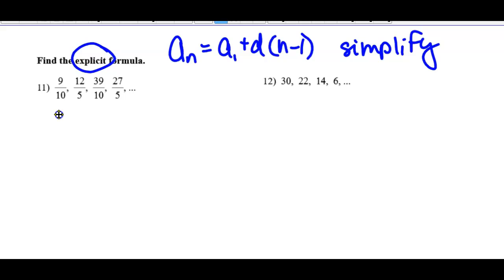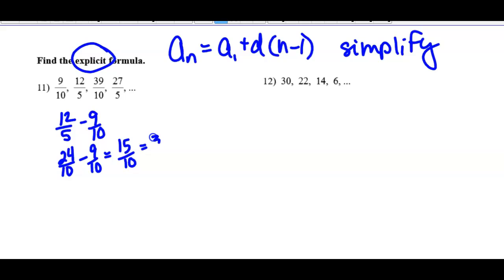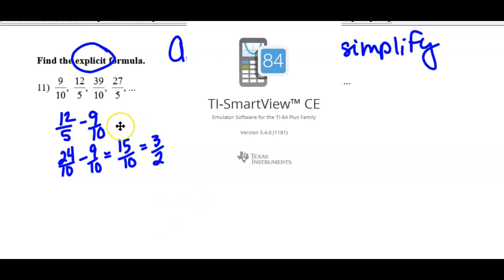Let's see, what is the difference here? So 12 fifths minus 9 tenths. Well, you could use your calculator, or this is 24 tenths minus 9 tenths. That would be 15 tenths, or 3 halves. Let me fire up my calculator here. I'm going to do a different set of 2.